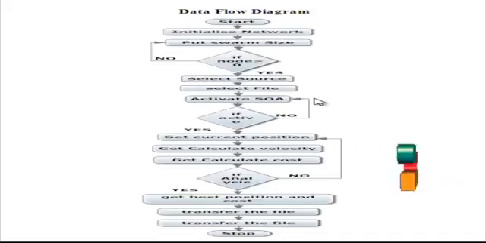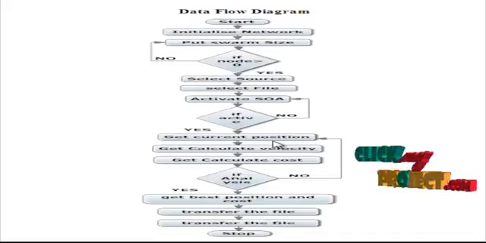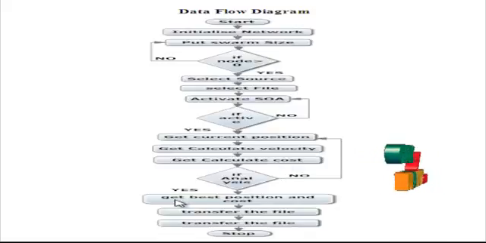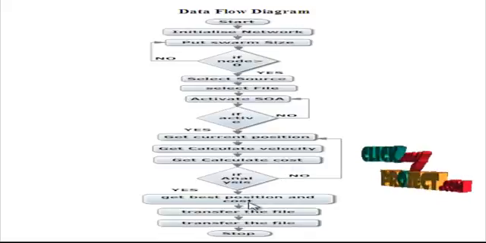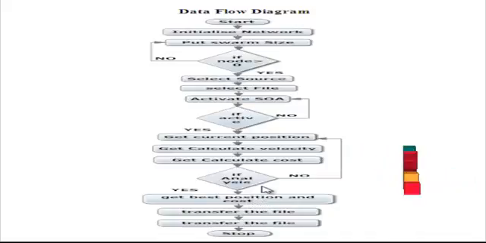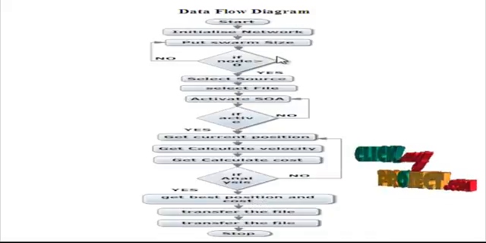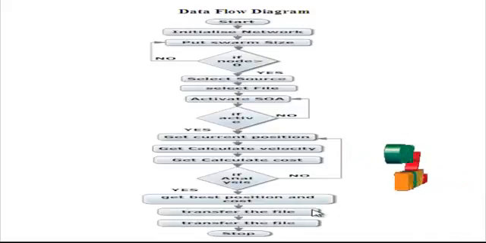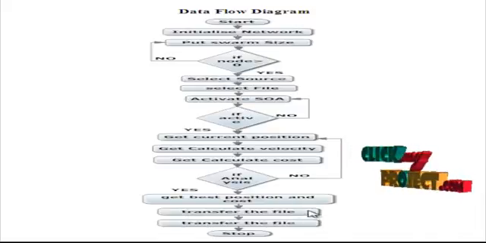Here the swarm optimizer is used to get the current position, velocity, and cost to calculate the best position and cost. It is used to allocate the task for each and every node of the swarm, and then transfer the file from source to destination.